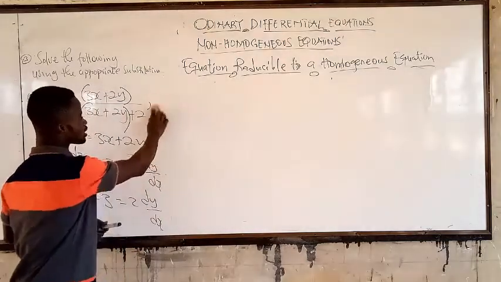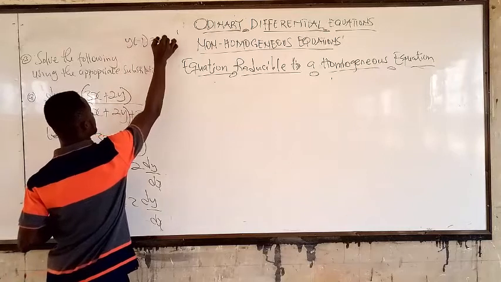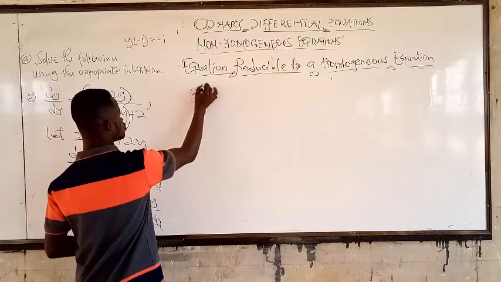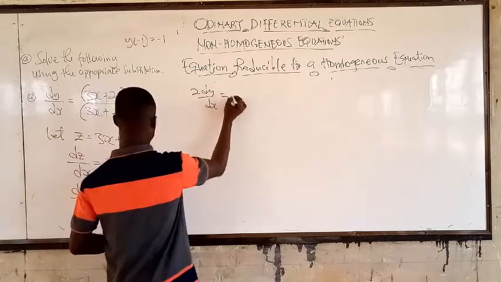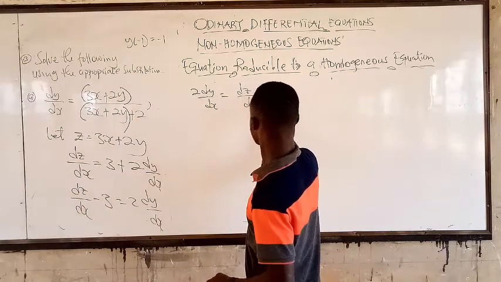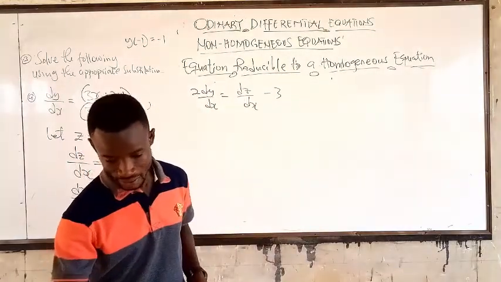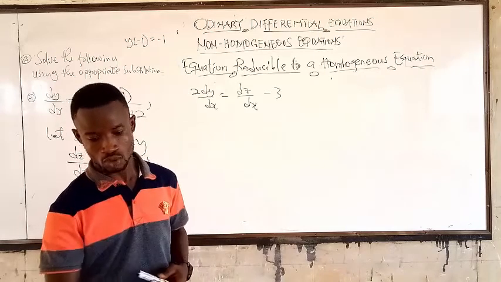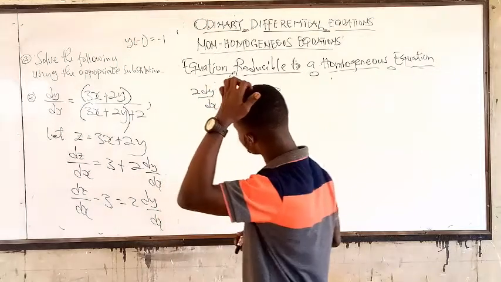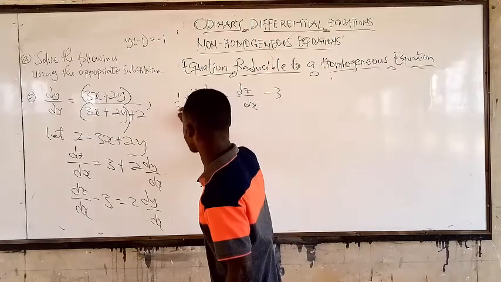I shouldn't forget my initial condition. Let me write it here. So here we get 2 dy/dx to be equal to dz/dx minus 3. Then we divide both sides by 2, or you can multiply both sides by half.